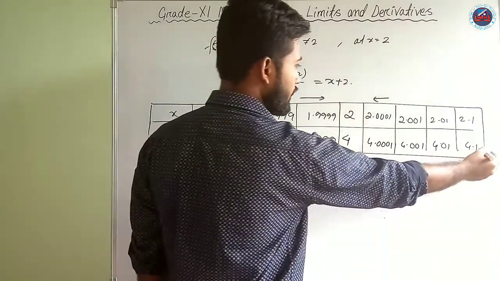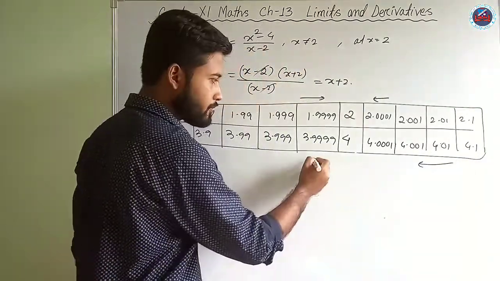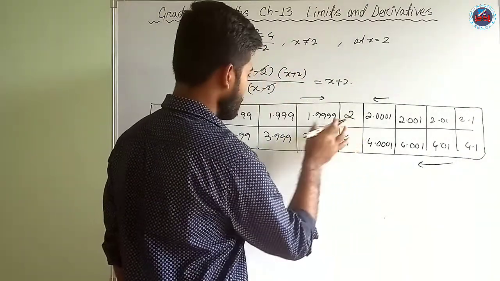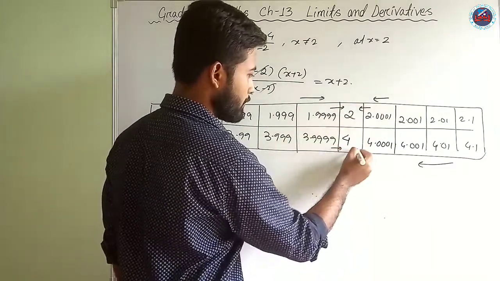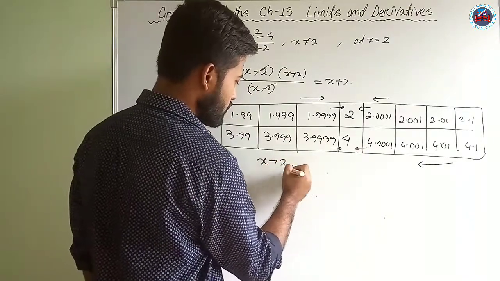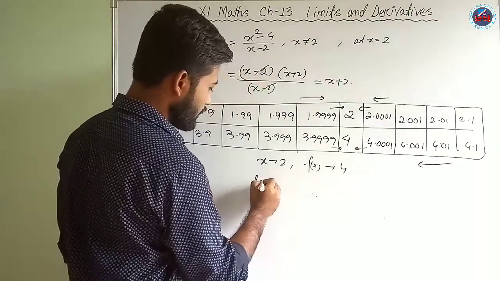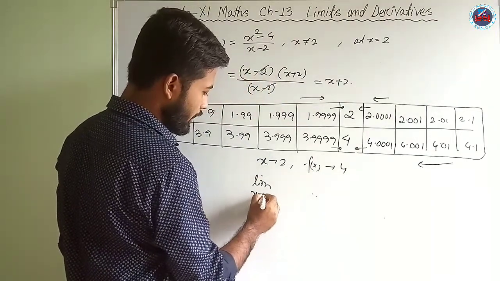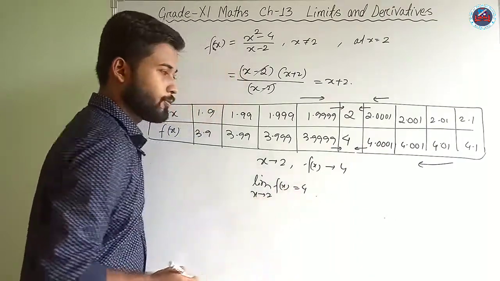Similarly, in the right hand case, it is decreasing towards 4. So we can say that as x tends towards 2, f of x tends towards 4, or we can write limit of x tends to 2, f of x is equal to 4.